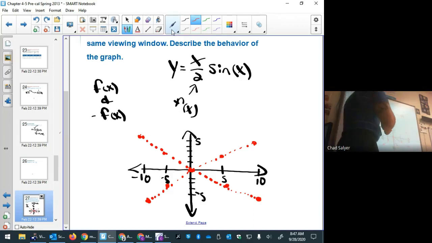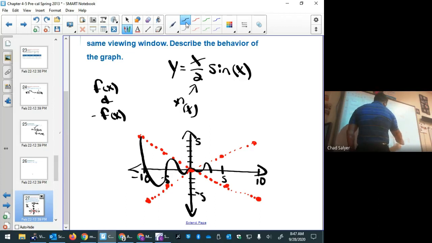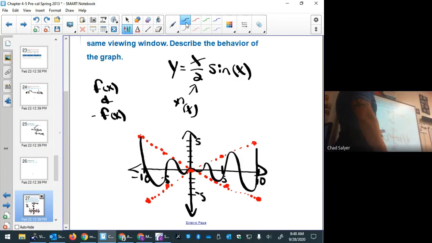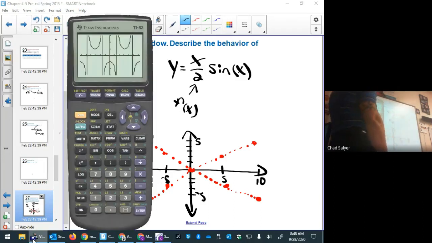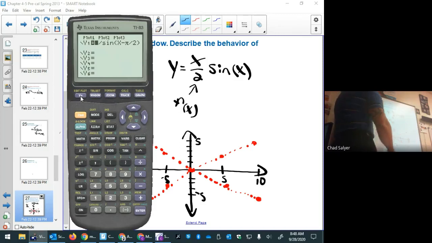So what the trig function is going to do, and again, this is going to be a pretty rough sketch, it's going to kind of bounce back and forth here. It'll be more regular. Let me graph it, and then we'll have a better idea of what exactly it looks like between those two asymptotes.